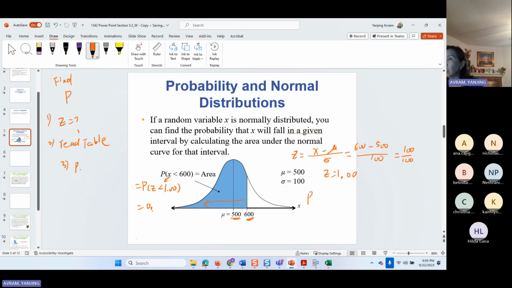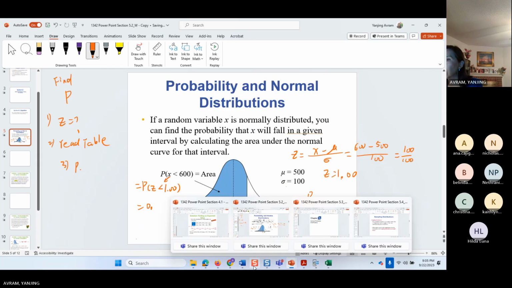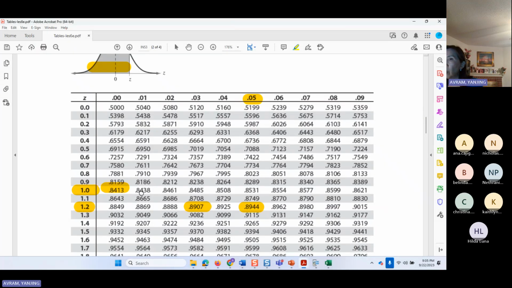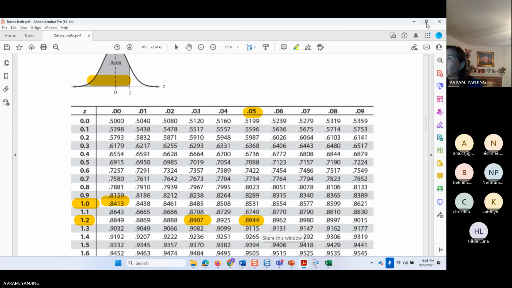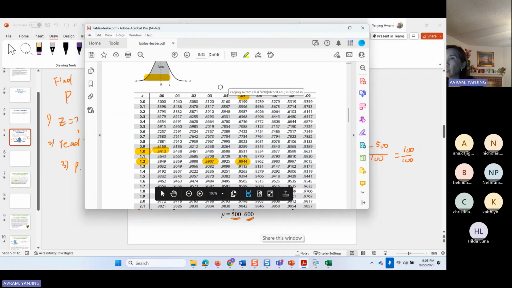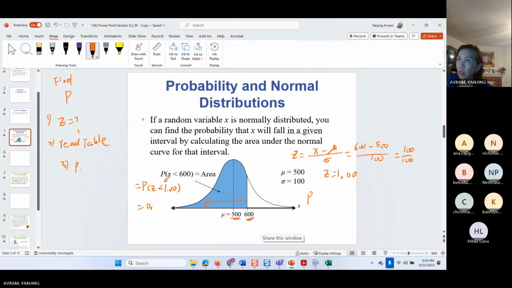This value here, we just read it earlier: 1.00, so it's 0.8413. Or you can write it as 84.13%. So the probability of selecting a number less than 600 is 84.13%, or you just say 0.8413.